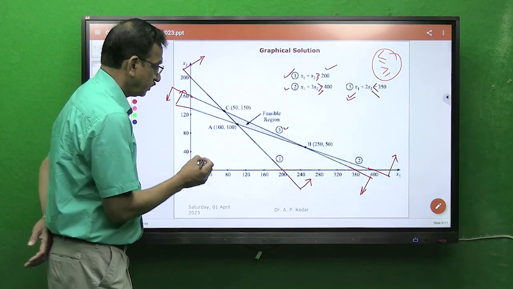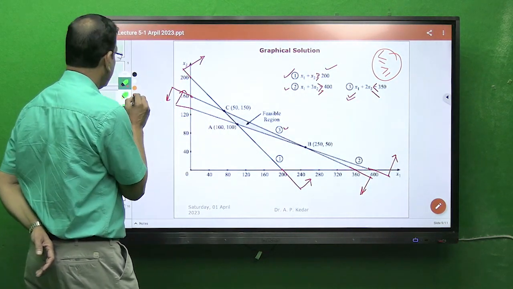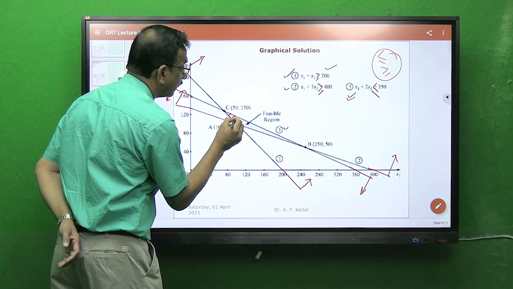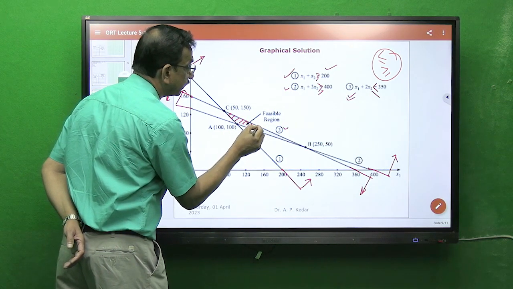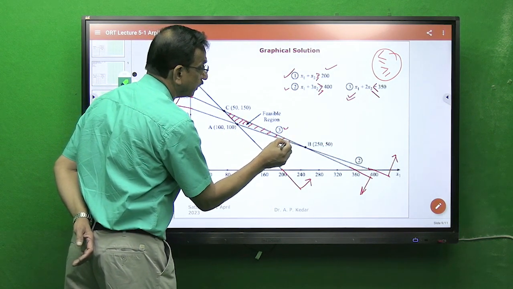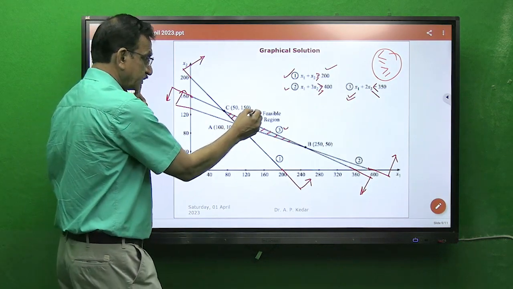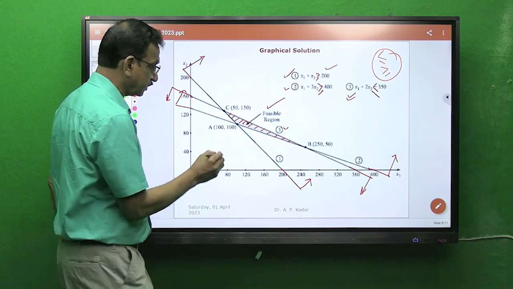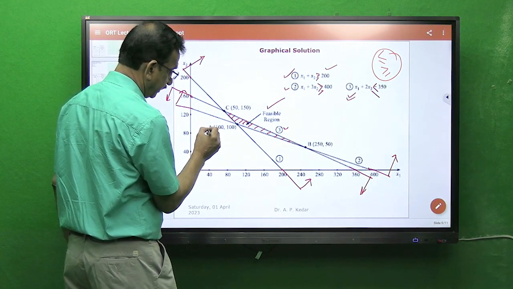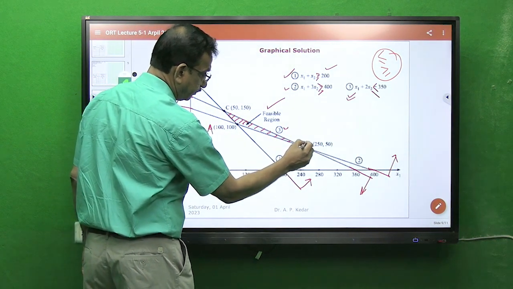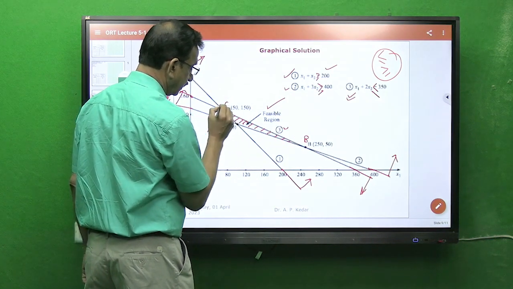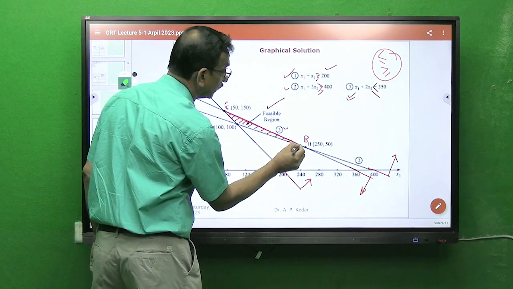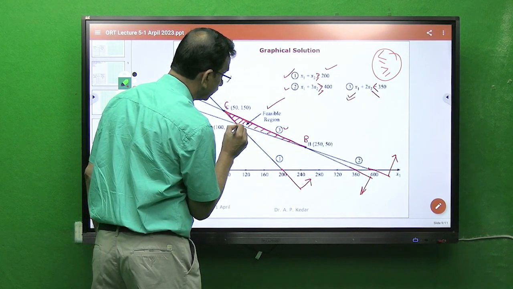So now you can see very well, this particular entrapped area is called the feasible region, and this region highlighted by points A, B and C, I am marking for understanding purposes.